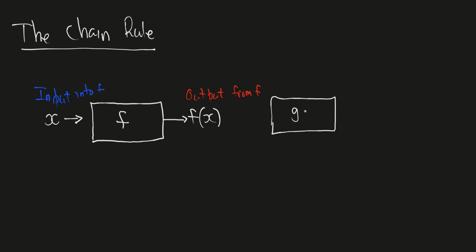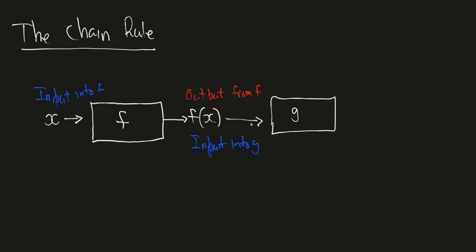Well, let's call it g. So what was the output from f now becomes the input into g. So it leaves one function and it goes into another one.